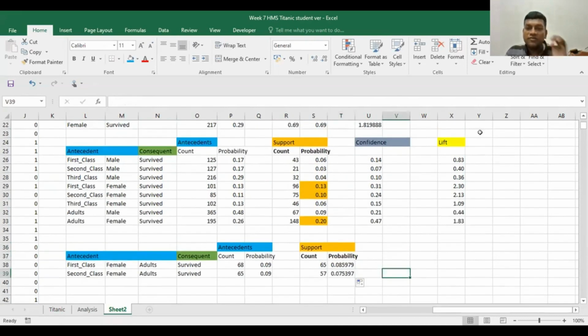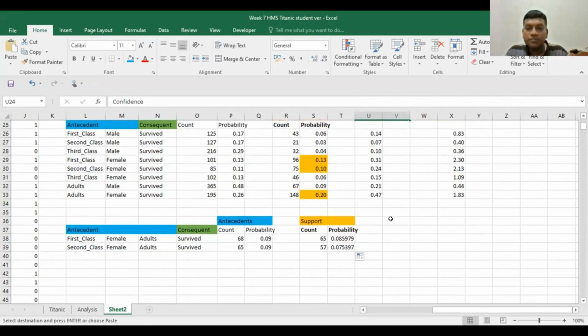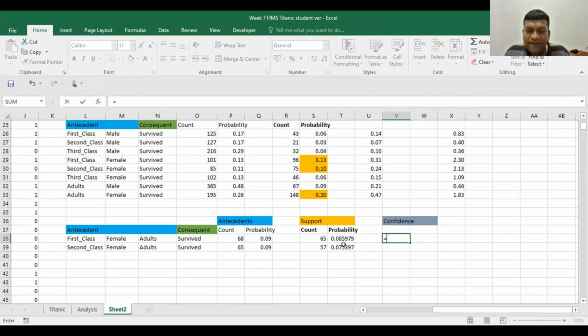Okay, let's look for lift now. No, let's look for confidence. Control C, Control V. Confidence is nothing but this divided by the consequent. The objective, survival, sorry.